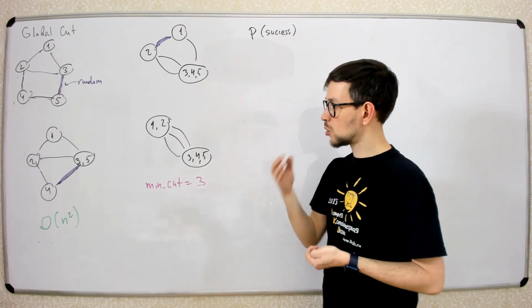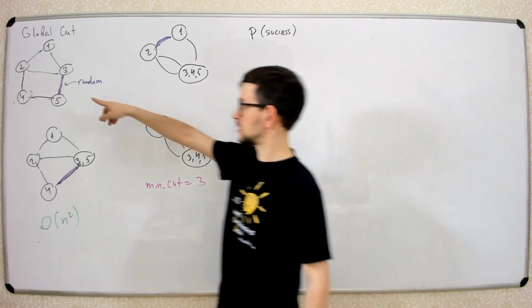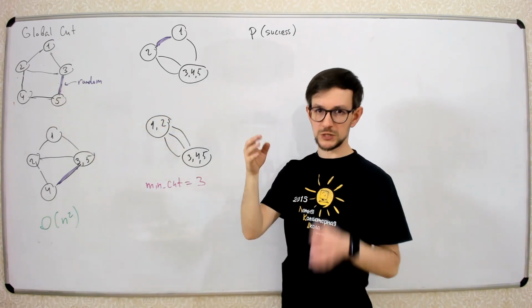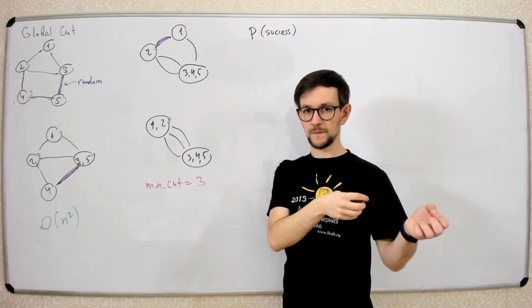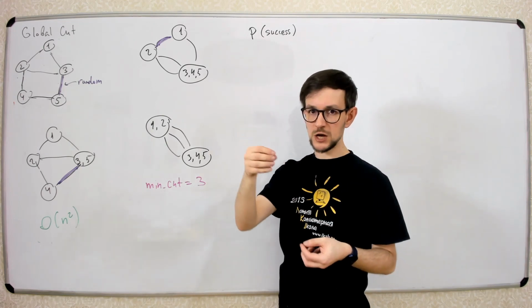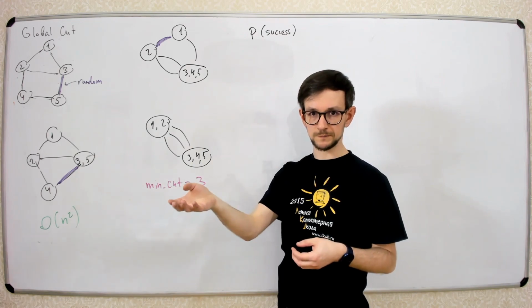So what was our guess? We pick some random edge, and we guess that this edge is not in the minimal cut. So the problem is when we pick some random edge, and this edge actually belongs to the minimal cut.